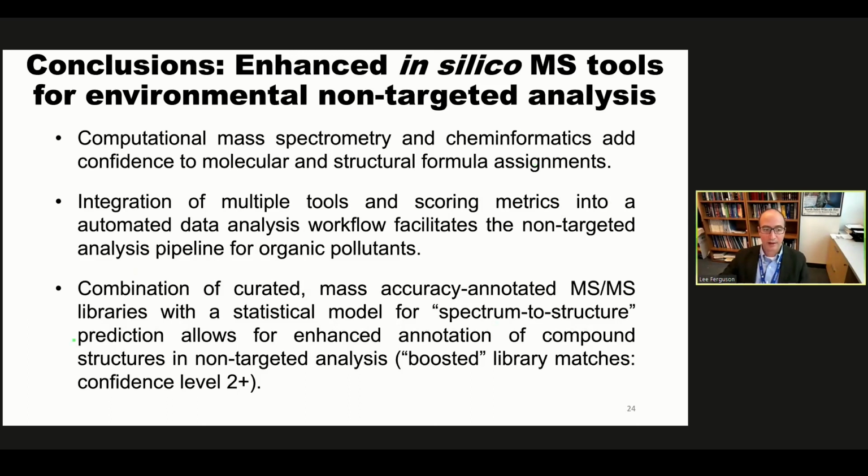And if we combine our curated MS/MS libraries with our statistical model for in silico spectrum to structure annotation, this allows us to boost our identification confidence, not only of the compounds that we are annotating only from our in silico work, but also to boost the annotation confidence for our library matches based on concordance of data.